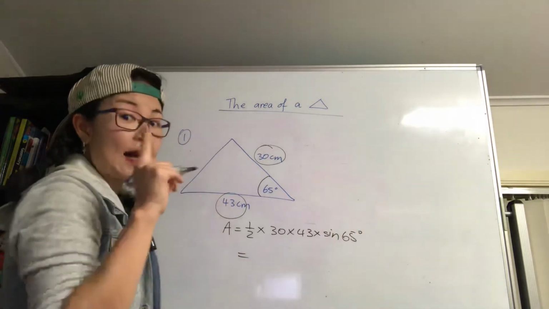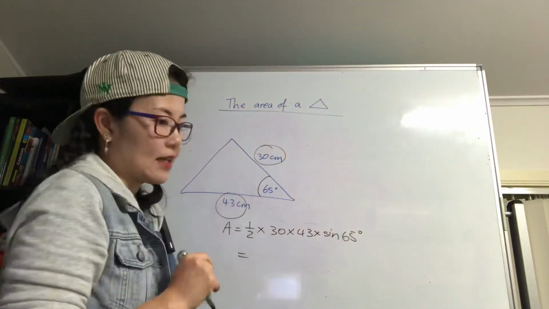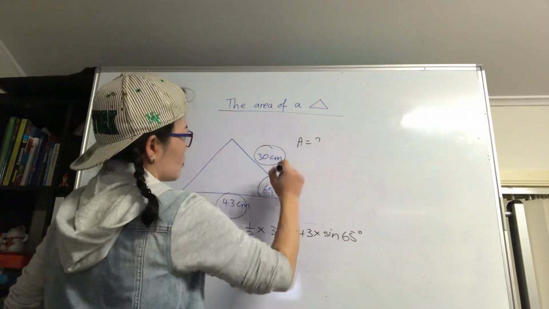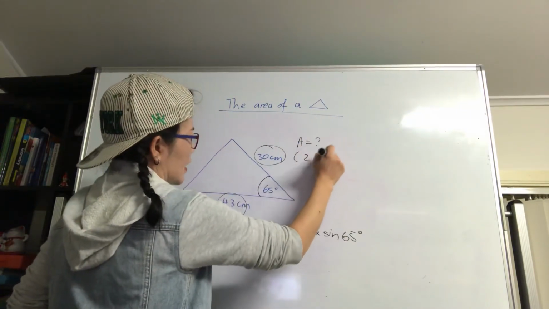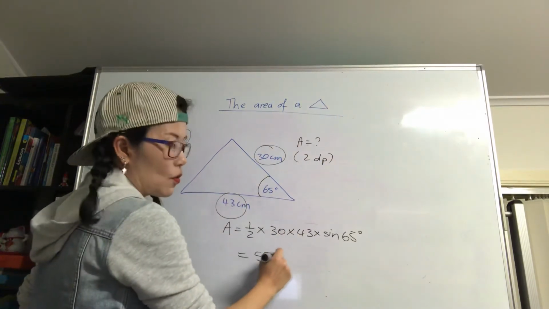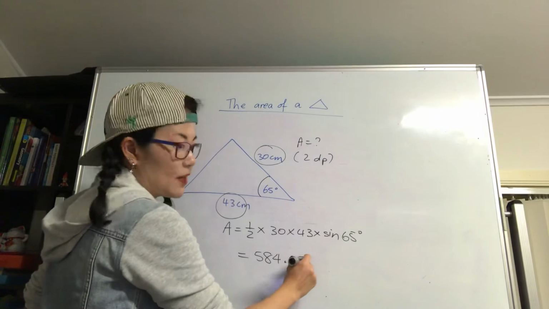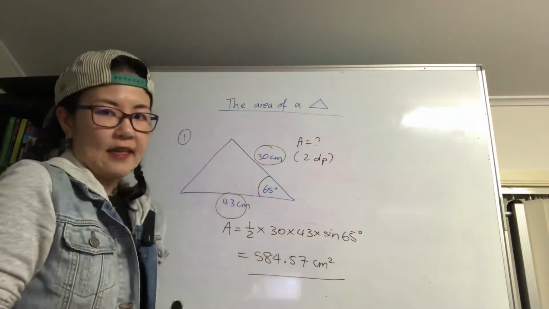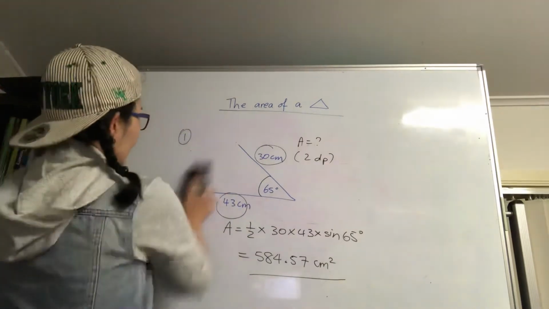Put that in your calculator, guys. I have to look for the area to 2 decimal places, and I will get 584.57 centimeters squared. That's what I'm going to get. Okay, so that's all right.